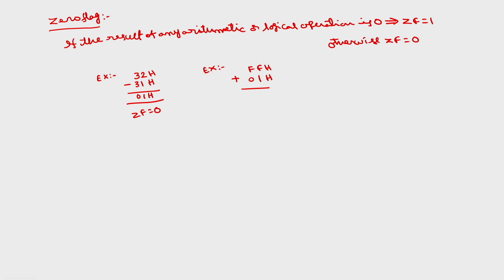You can do it in hexadecimal as well as binary. F plus 1 is, as I have told, 10, because in the decimal number system 9 is the maximum number, 9 plus 1 will be 10. Similarly here also F is the maximum number, F plus 1 becomes 10, and F plus 1 is again 10.